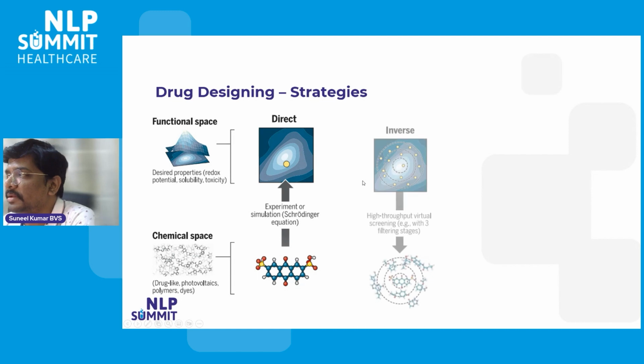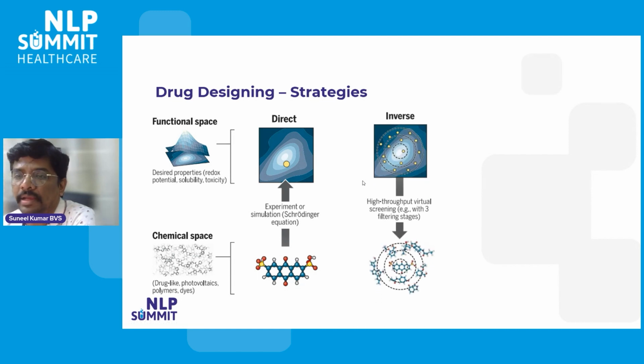Next is high throughput virtual screening. High throughput virtual screening, which can be structure based or analog based, is basically screening millions or billions of compounds against a given pharmacophore model or structure-based model within a day or weeks.